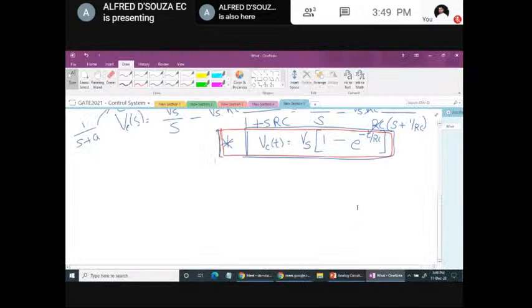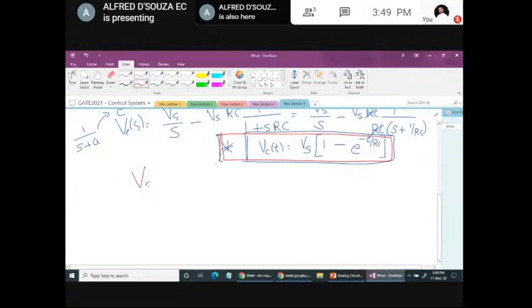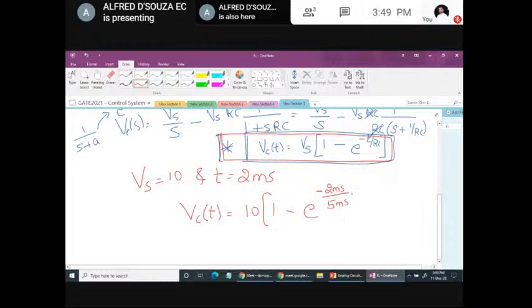So put Vs equal to 10 and t equal to 2 millisecond. What you get is 10 into (1 minus e power minus 2 millisecond divided by RC). We have already calculated that RC is 5 millisecond.